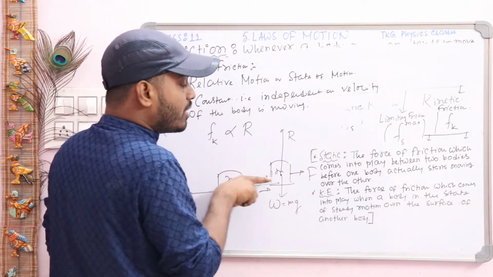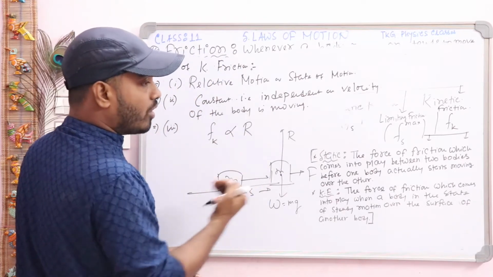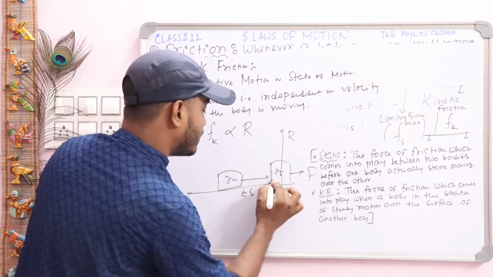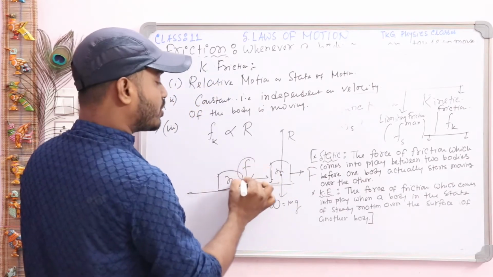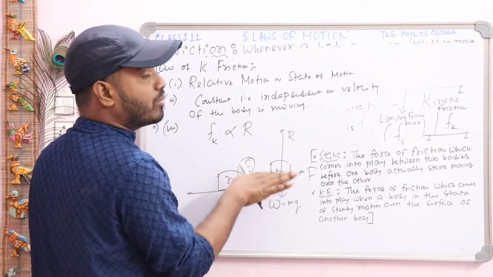Now when an external force is applied along the positive x-axis, there is a frictional force in the opposite direction of this applied force. This is the frictional force, and it is named Fk because the body is under motion.